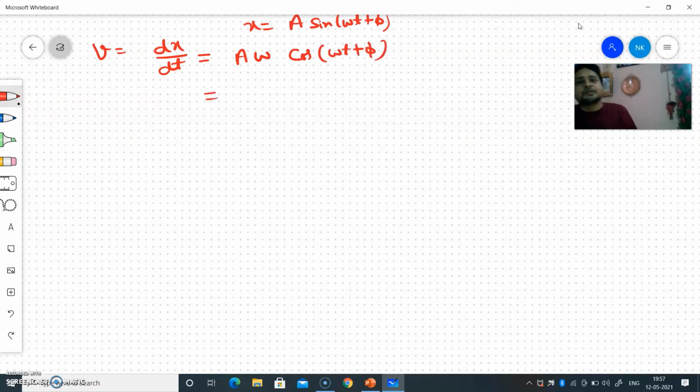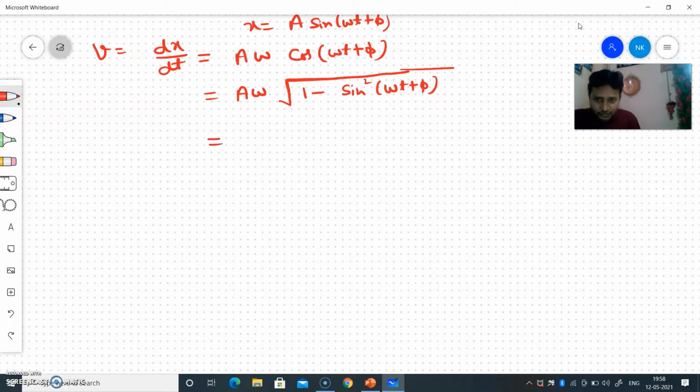I want to express it in terms of x, so cos(omega t plus phi) can be written as square root of 1 minus sin square(omega t plus phi), since 1 minus sin square is cos square, and the square root gives cos.